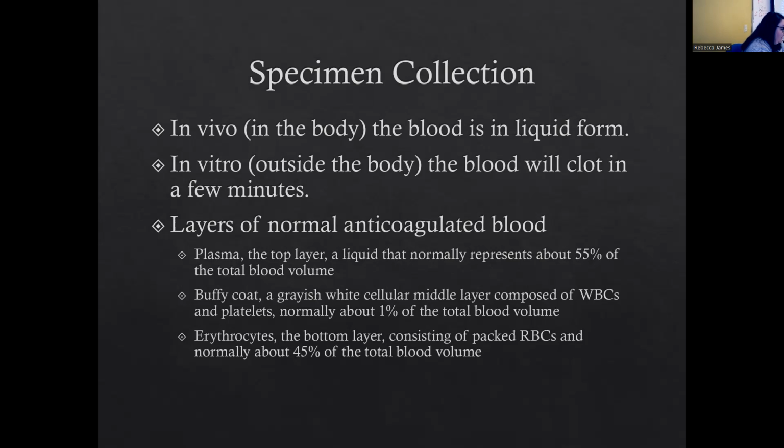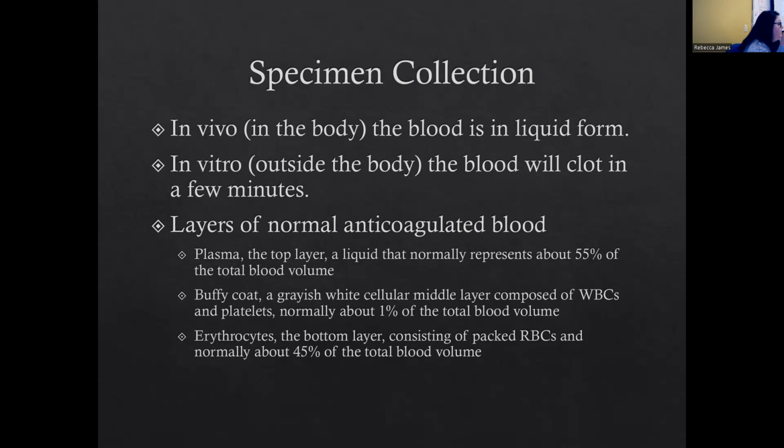And then you have like this little layer in the middle. Y'all see that? And then you have the bottom layer, which is your red cells. So that layer at the top, it is plasma if you use an anticoagulant. If you do not use an anticoagulant and it clots on its own, it's serum. Does that make sense?